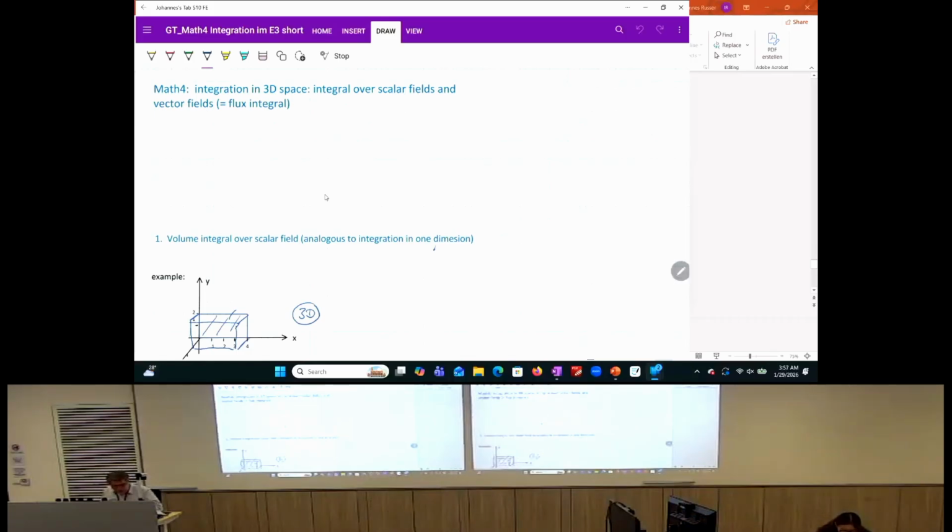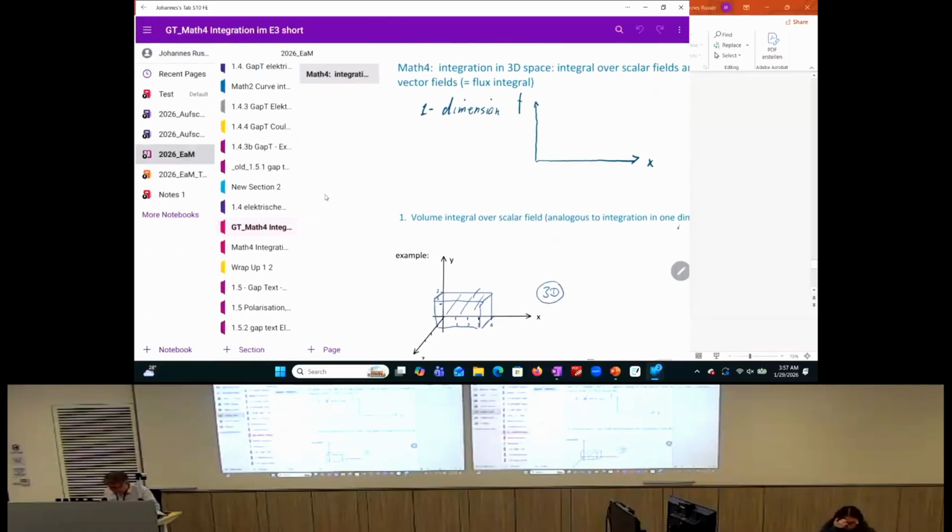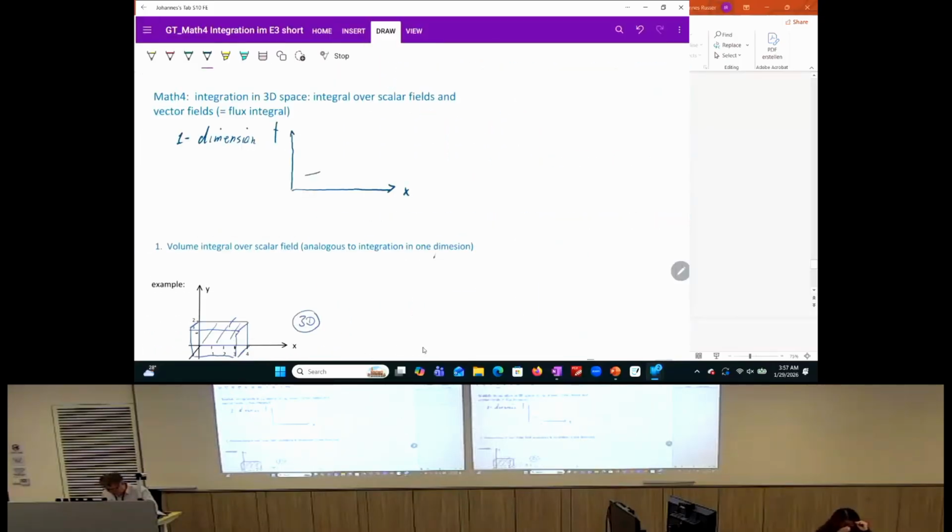So if you have here the example of one dimension, then we have here a plot of a function, which is over x, and here the function of x. Then this function will show some kind of development, and you want to integrate from x1 to x2.